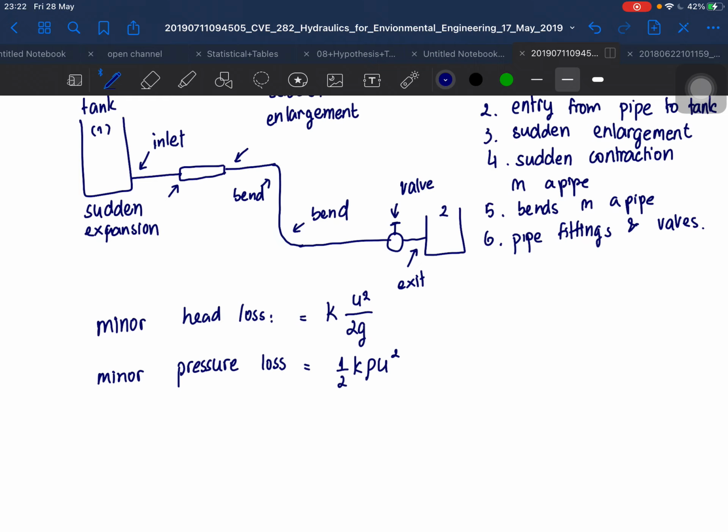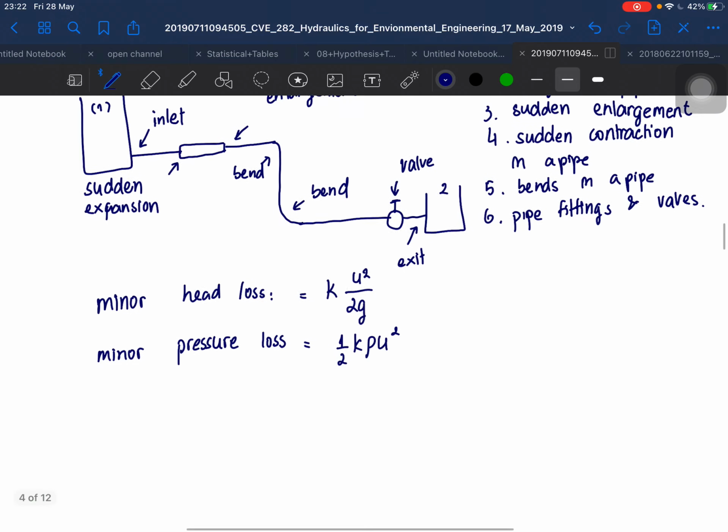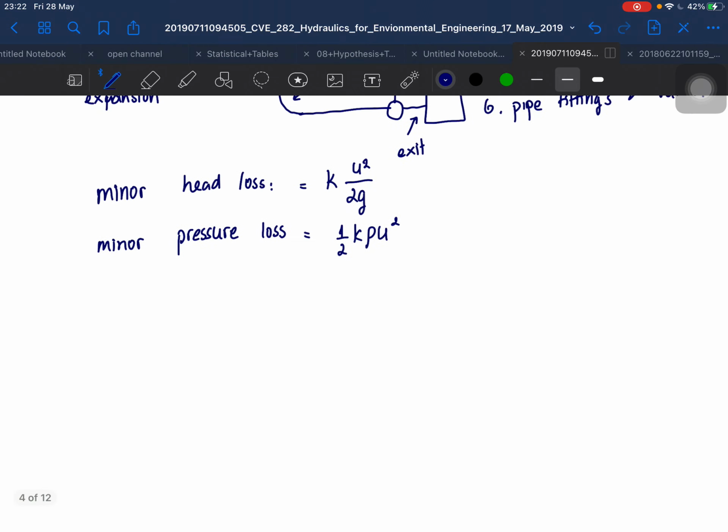It can also be written as R. Some people would write it as K, but let's just go with K. Here K equals 8K over pi squared d to the fourth. That's why they mostly use R in other places, but you can stick with K.